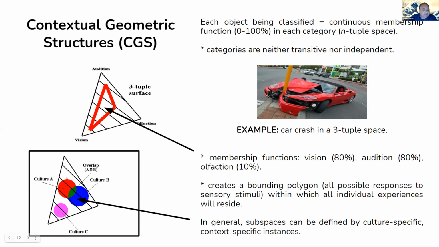And depending on the agent, we can sort them into cultures and overlap between cultures. And the classifications don't have to be based on sensory inputs. They can be based on beliefs or other things. And so we get these cultural spaces as well, where you get these soft classifications that allow us to classify things in different ways and incorporate it into a space.